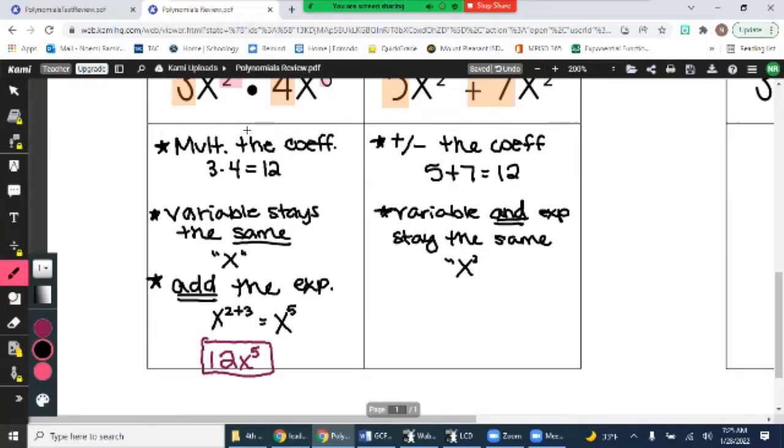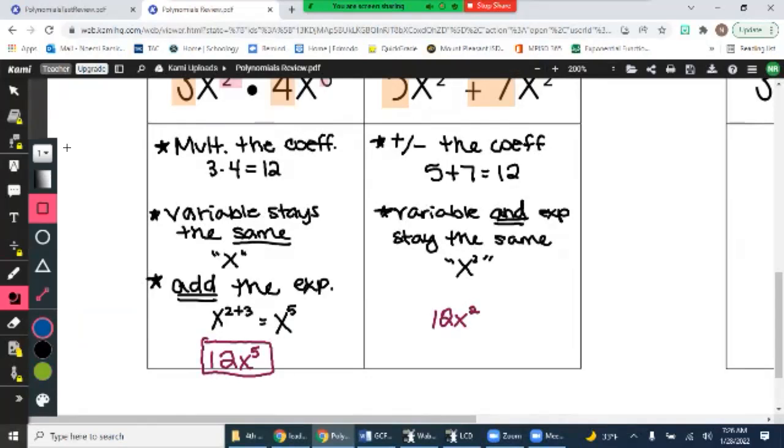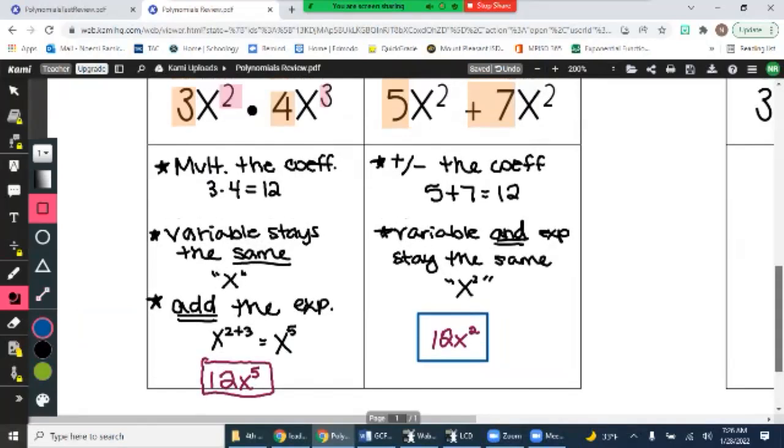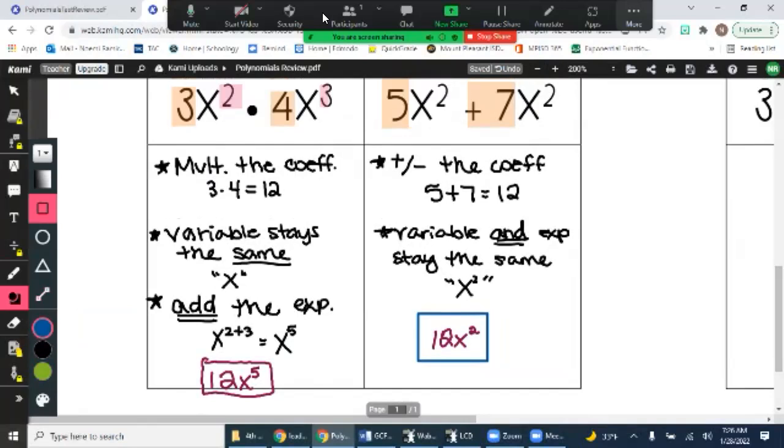Your variable and your exponent must be the same. So once we put this one together, it becomes 12x squared, where the variable x squared stays the same. Okay. All right, go ahead and start your review.